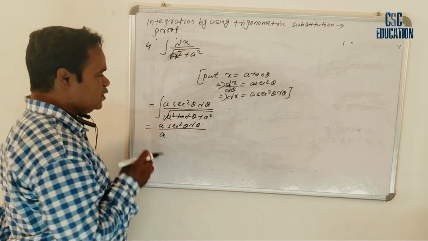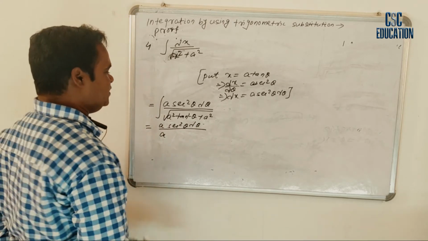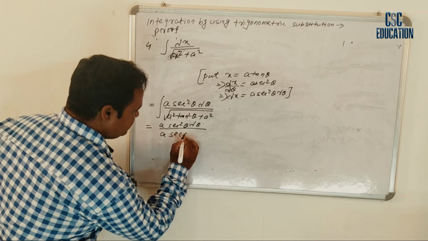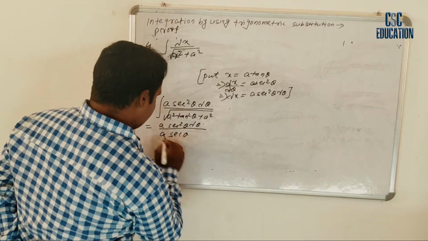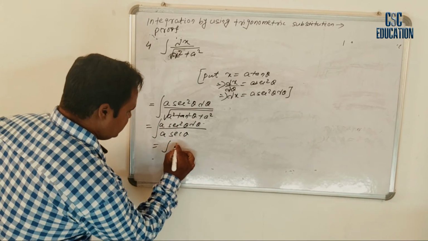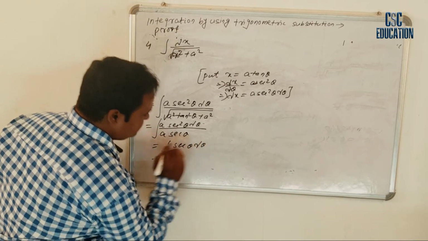We know by the square relation that the root of sec square theta is sec theta. Here a cancels out, so we get the integration of sec theta d theta.